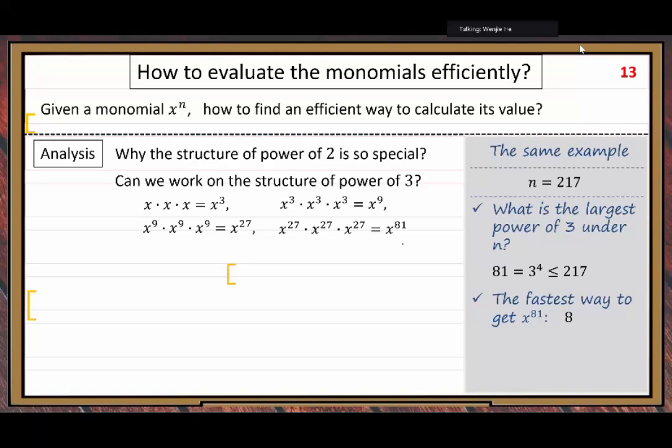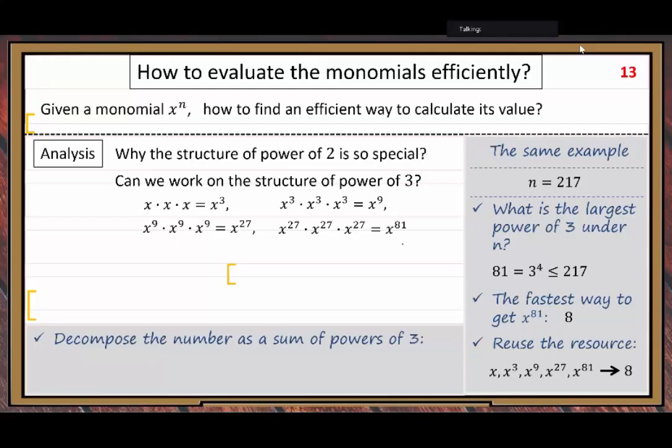Now we have our intermediate results. That's our resource. This time we store them in our resource pool. Next, our main part.